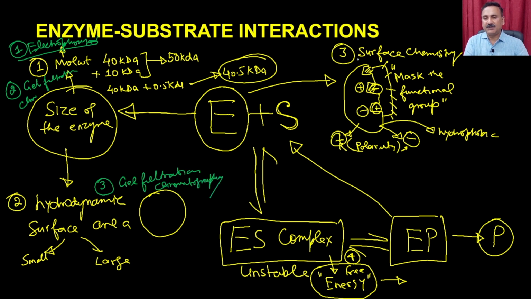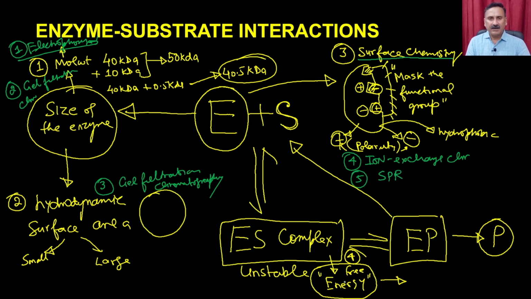Similarly, if you want to see the changes in the surface chemistry, then you can use ion exchange chromatography, or you can use SPR, or surface plasmon resonance, right?